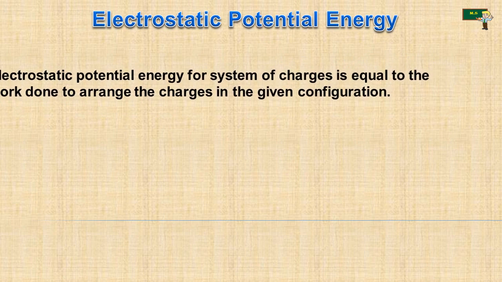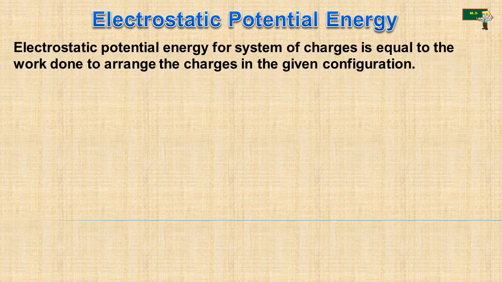Now, electrostatic potential energy. What do you mean by this electrostatic potential energy? Let me explain. Electrostatic potential energy for a system of charges is equal to the work done to arrange the charges. It's very hard to arrange the charges within the electrostatic field, so it needs some sort of energy to arrange. That's called electrostatic potential energy.